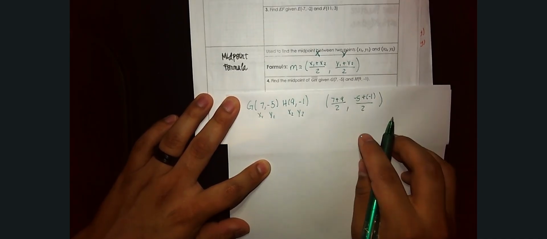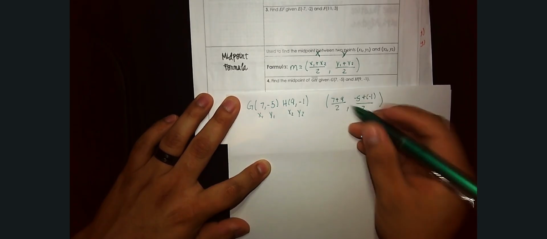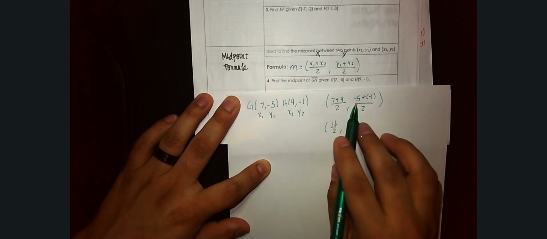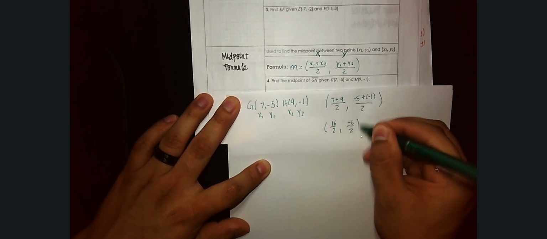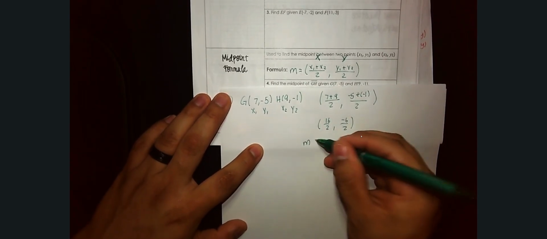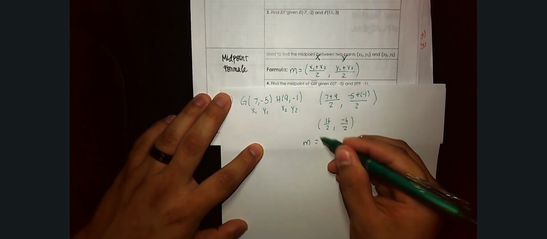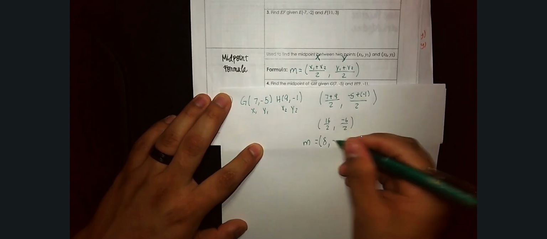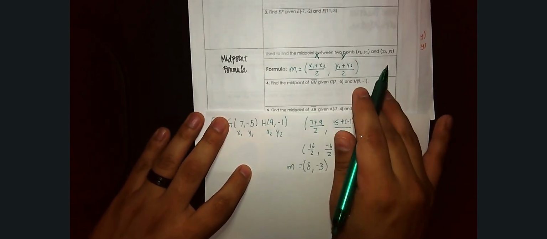And we can simplify. 7 plus 9 is 16 over 2, and -5 plus -1 is the same thing as -5 minus 1, which is -6 over 2. So the midpoint coordinate of segment GH would be 16 divided by 2 is 8, and -6 divided by 2 is -3.